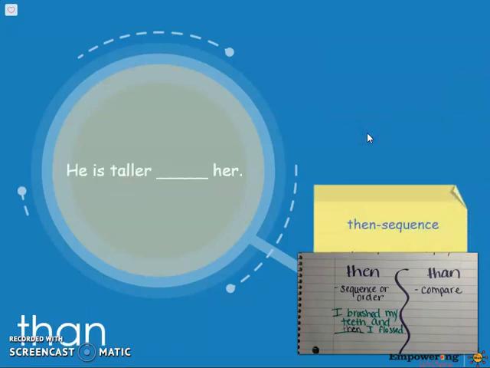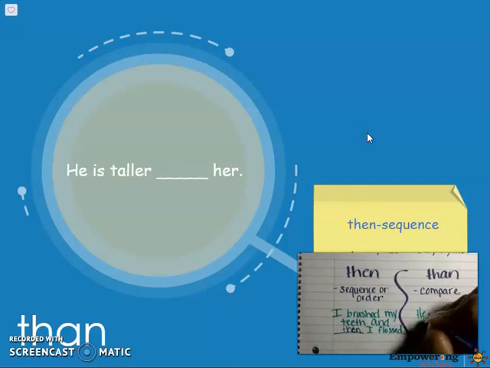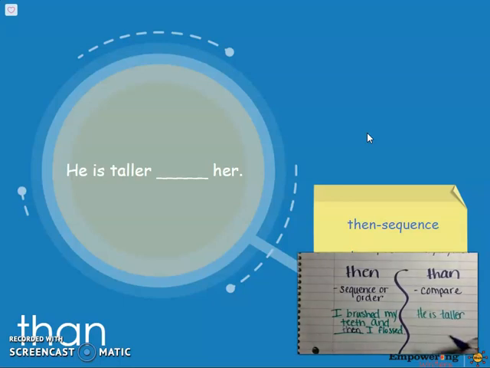Okay, for the other example sentence, he is taller blank her. He's taller than her. That is comparing their height. He is taller than her. You also use than like in math when you're talking about greater than or less than.